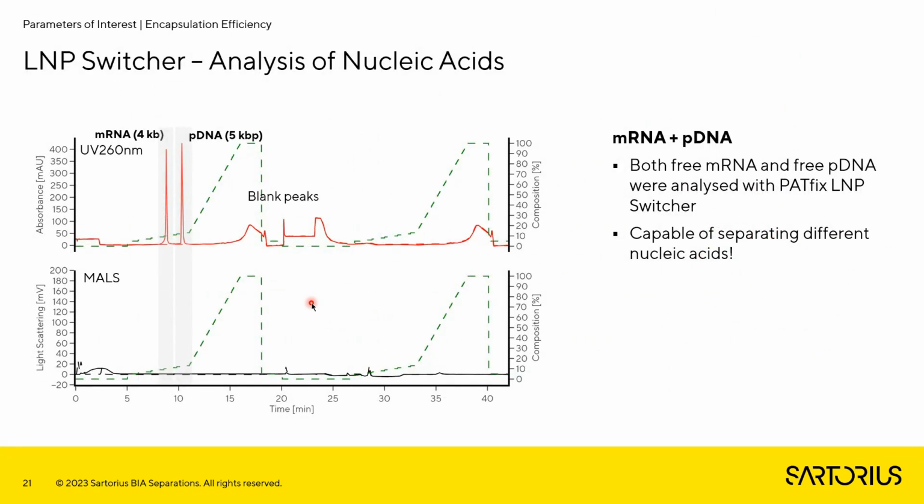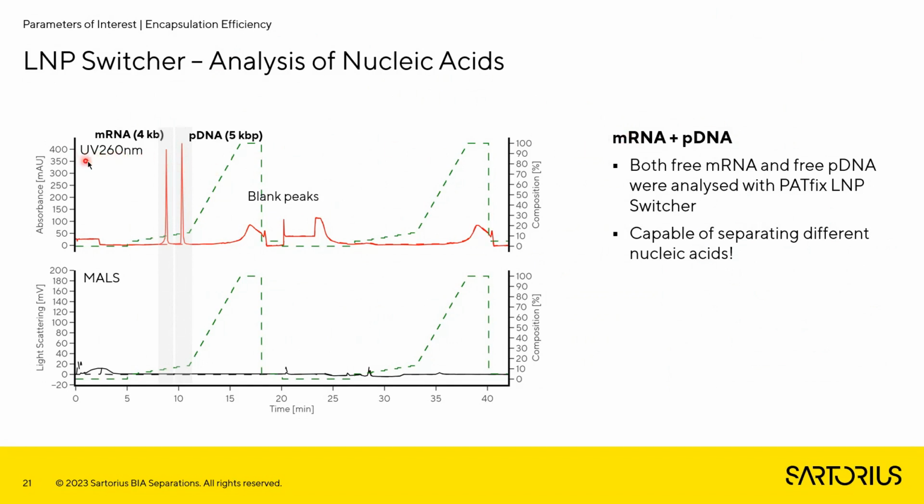So now I want to show you the chromatograms of different samples which were analyzed using our LNP switcher. First, I want to show you chromatograms analyzing only free nucleic acids, so without any LNP particles. Here we have a mixture of mRNA and pDNA, so two different nucleic acids.